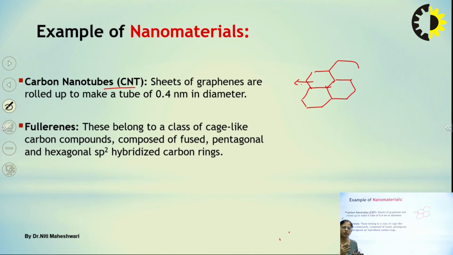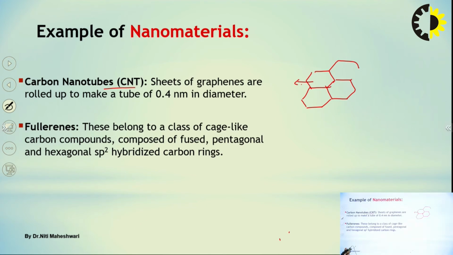The pattern of rolling the sheet will decide whether the CNT tubes which are being formed are conducting, semiconducting, or insulating in nature. These carbon nanotubes possess high tensile strength, and they are stable up to very high temperatures of the order of around 2800 degree centigrade.